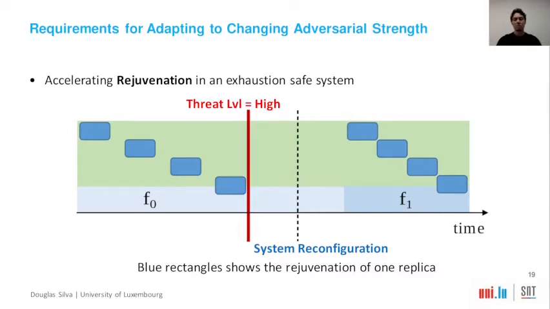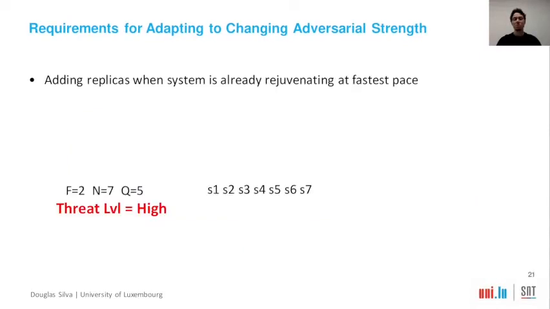So there is a period of rejuvenation that you can see here in F0, where every replica waits until it repeats the process of rejuvenation again and again. So if we are able to reduce this time interval as small as possible, as you can see in F1, this is the first mechanism.